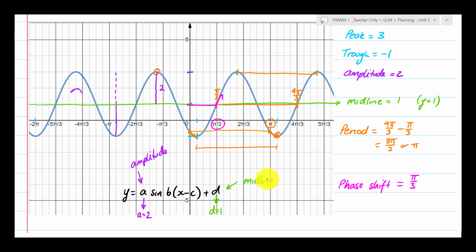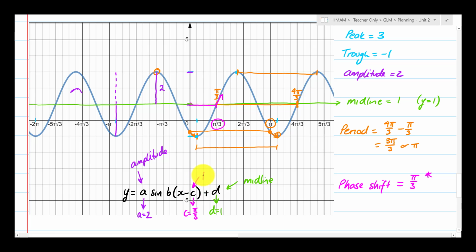So there we go. Now our C value, we'll go to our C value now. Our C value was the horizontal translation, how much it has shifted. And we explored the horizontal translation through our phase shift here. That was when we talked about how much it had moved. So our C value is equal to pi on 3.